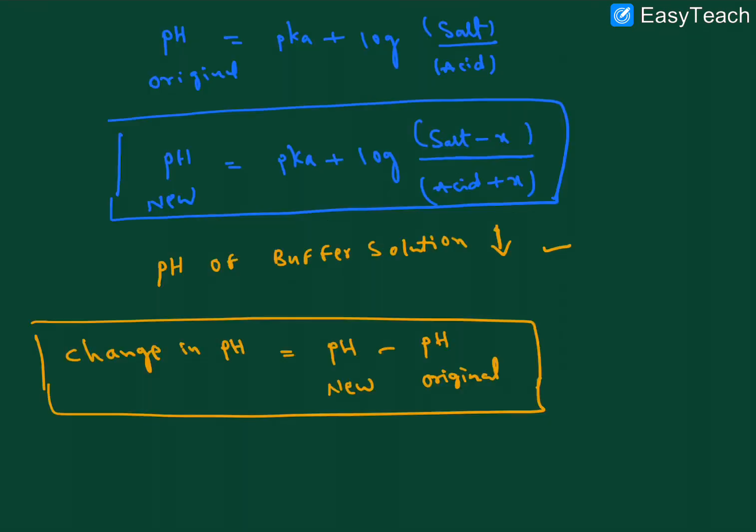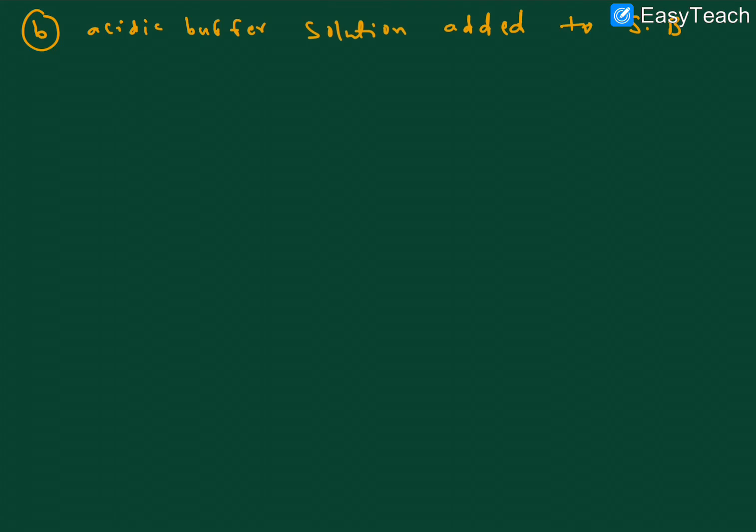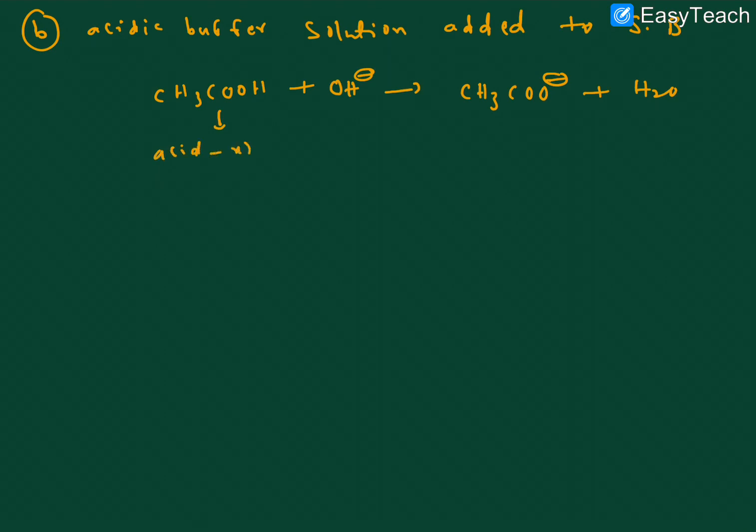Now acetic acid can react with whatever base we are adding. So CH3COOH, we add the base, that is OH minus. It reacts, and what is formed? Acetate ion CH3COO minus plus H2O is formed, right?